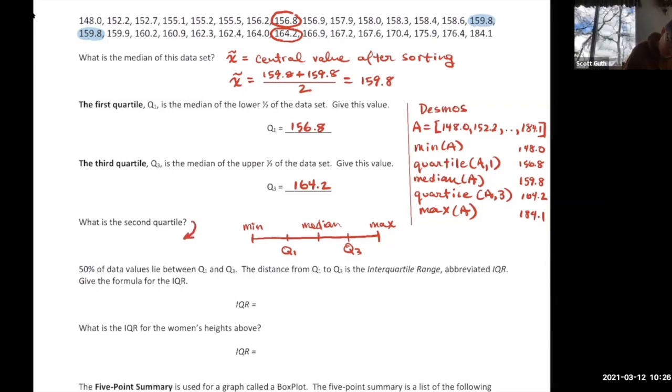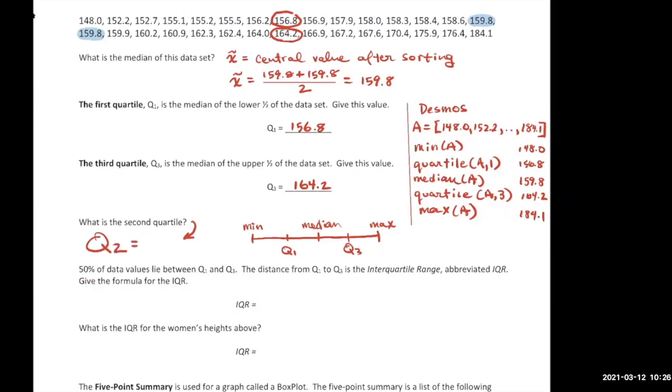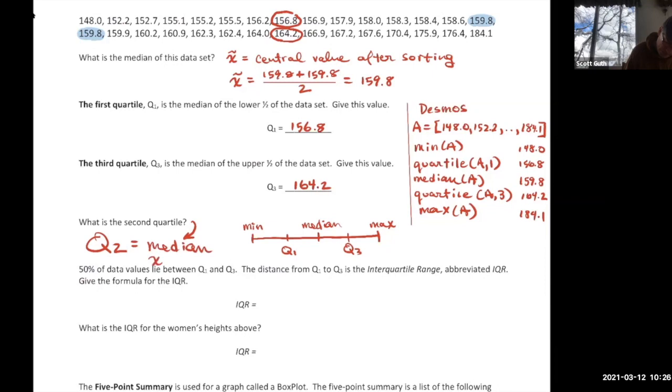So the notation would be Q2, and what is it? The median. Yeah, the second quartile is the median, which is x tilde, I guess. We don't generally call it the second quartile, but it is the second quartile. So just FYI, in case you see that somewhere.